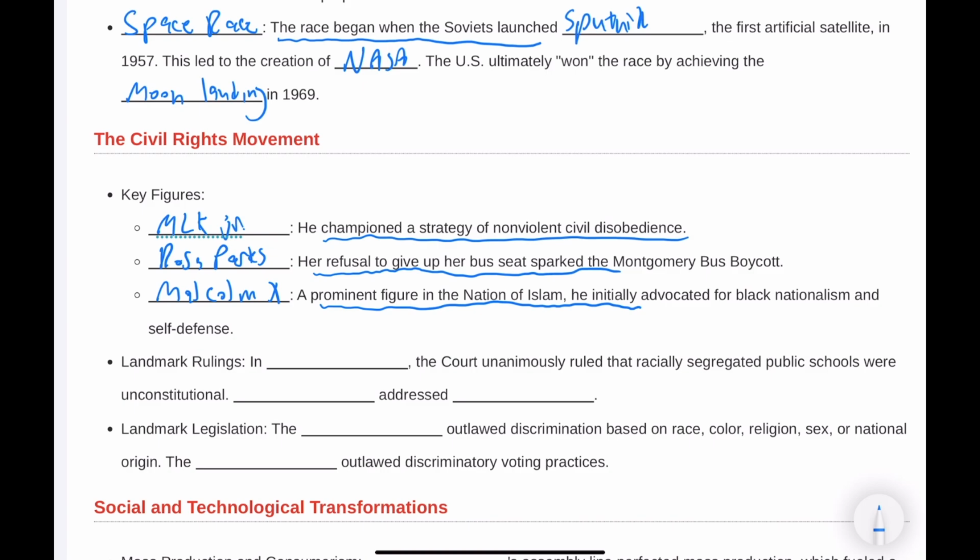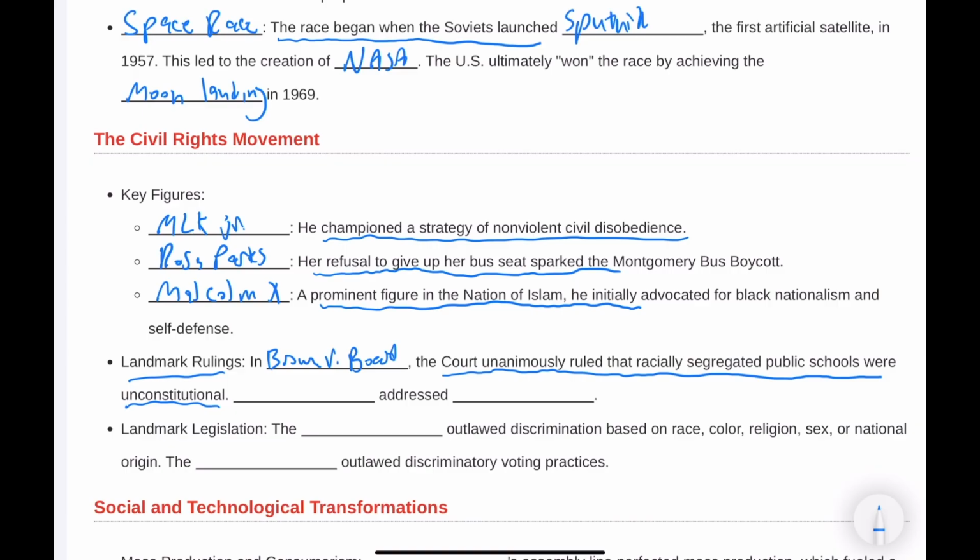All right, moving on. Landmark rulings. Here in the blank, the court unanimously ruled that racially segregated public schools were unconstitutional. That was Brown versus Board of Education of Topeka. So that's sometimes referred to as Brown v. Board.